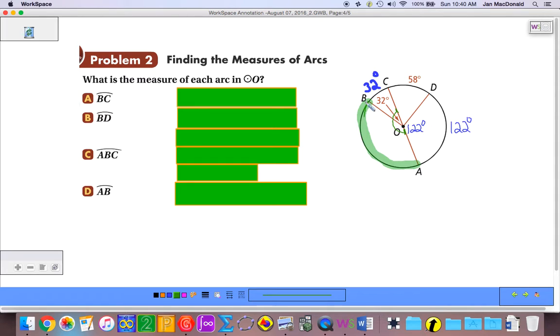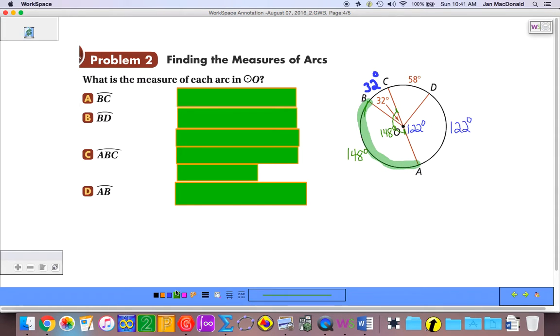So to calculate angle BOA, I would do 180 minus 32. That should be 148 degrees. And if central angle BOA is 148 degrees, then minor arc BA is also 148 degrees.